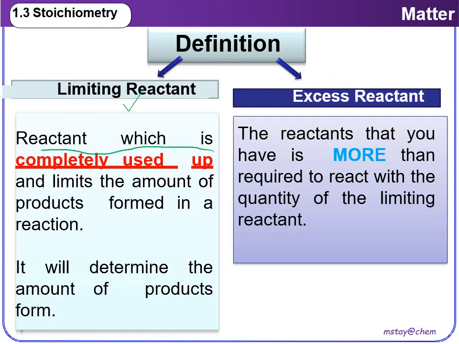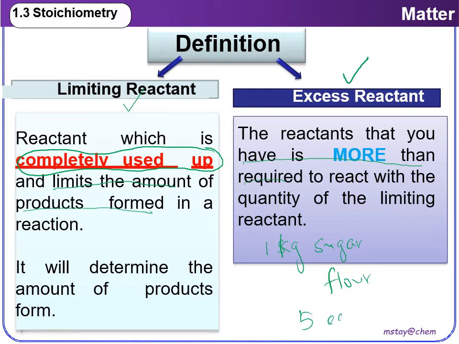Limiting reactant is the reactant that is completely used up, and hence it will limit the amount of product formed. While excess reactants means the reactant that you have is more than required. For example, if you wish to make cupcakes and enter the kitchen, you notice that there are 1 kilogram of sugar, 1 kilogram of flour, and 5 eggs.